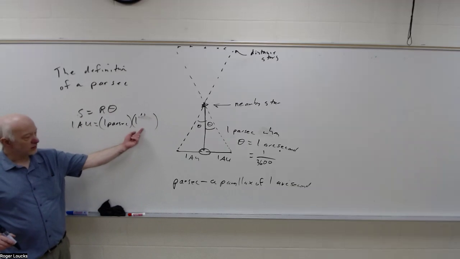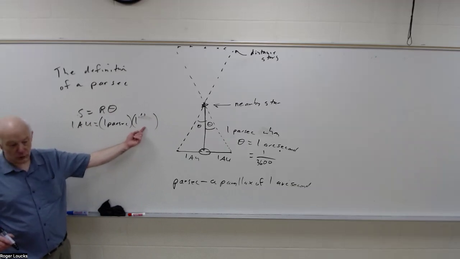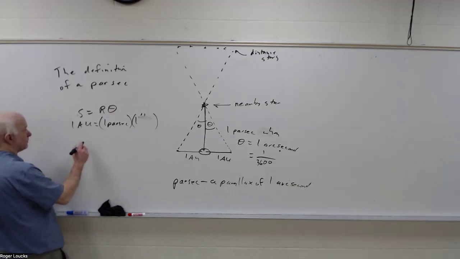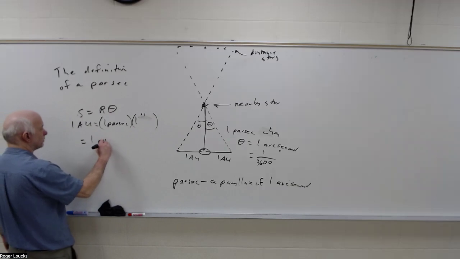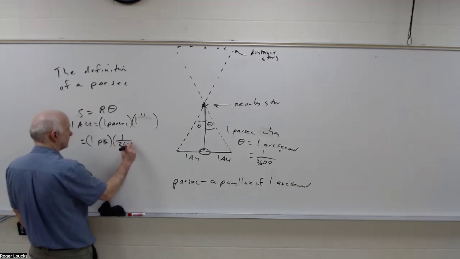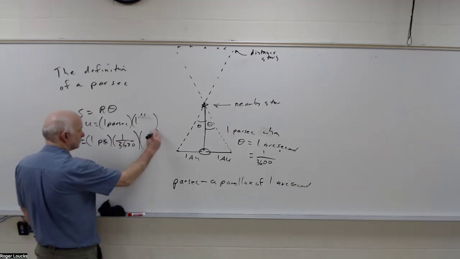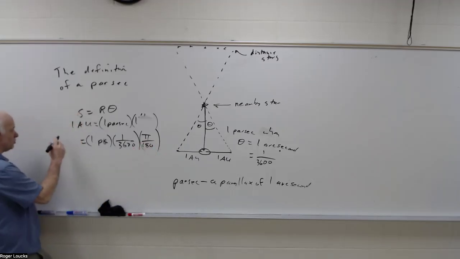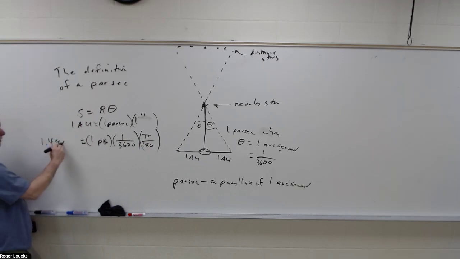Now, what do you have to do? You actually have to convert this into, so what you have here is you really have 1 parsec here. I'm just going to circle, you can see this. Be 1 over 360 degrees here like this, then times pi over 180 here like that. You would put in the 1 AU here. The 1 AU I looked up before is 1.49 times 10 to the 11th meters.